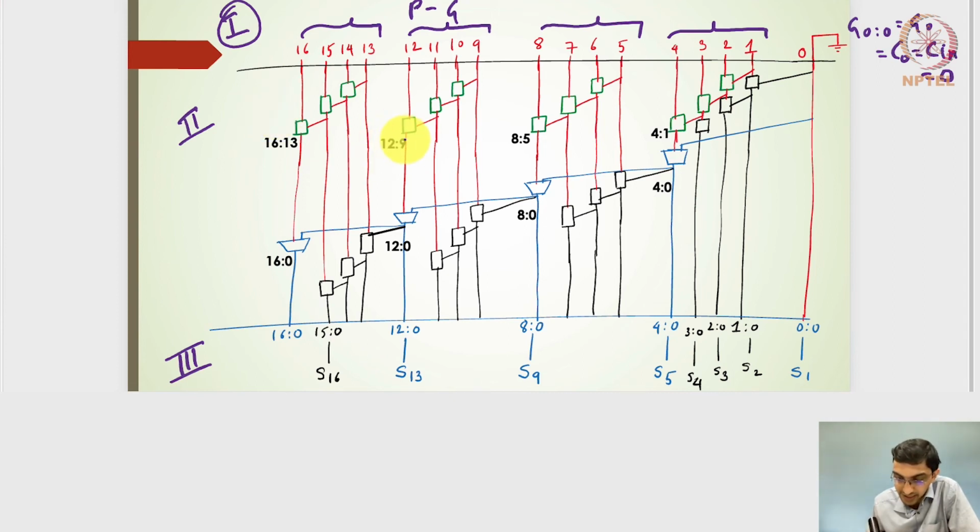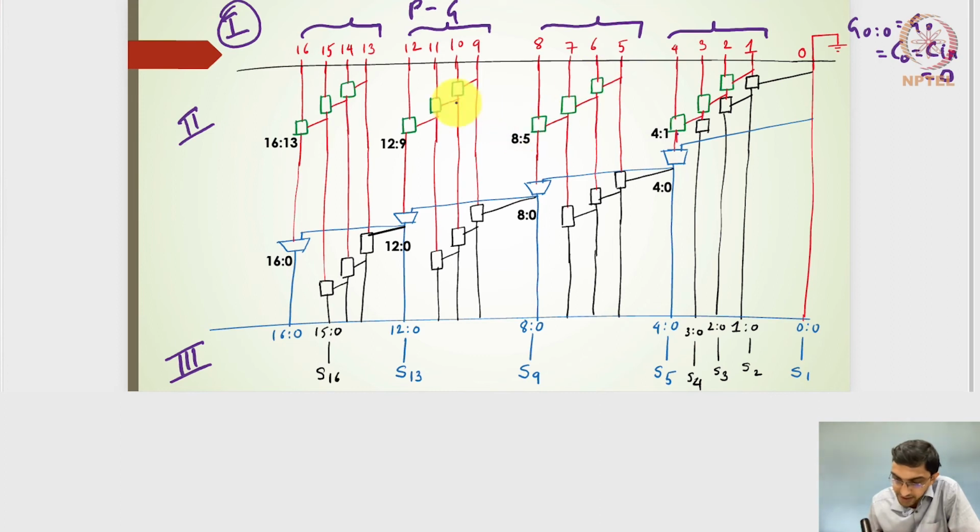Here 12 is to 9: the output represents G12 is to 9 and P12 is to 9. Similarly, 8 is to 5 will give me G8 is to 5 and P8 is to 5, and this 4 is to 1 is going to generate G4 is to 1 and P4 is to 1, right?